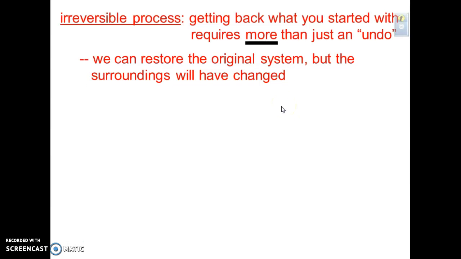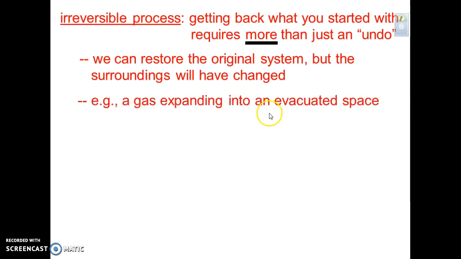So, a classic example is you can turn hydrogen and oxygen into water. It is considered a spontaneous process. But I'll tell you right now, to split that water back into hydrogen and oxygen, you will have to change the surroundings in order to do that. And that's why we don't do it routinely.